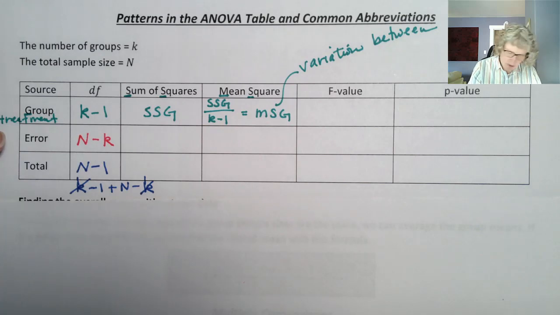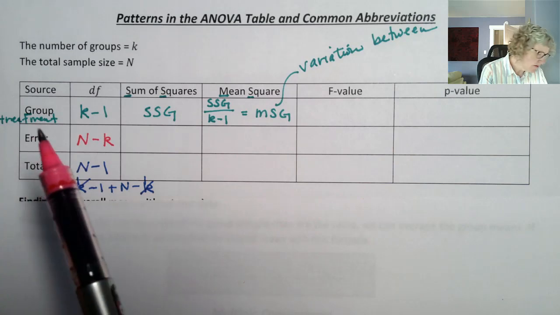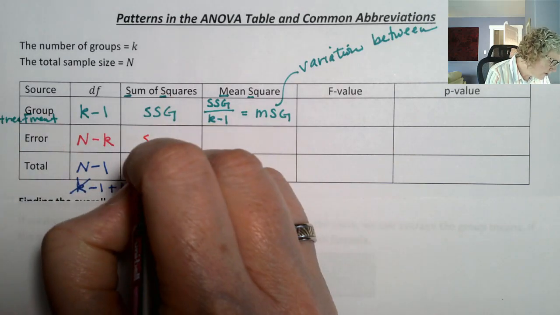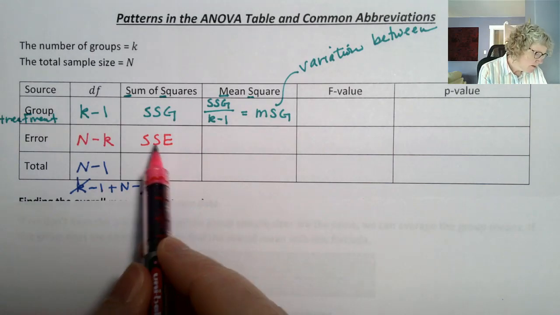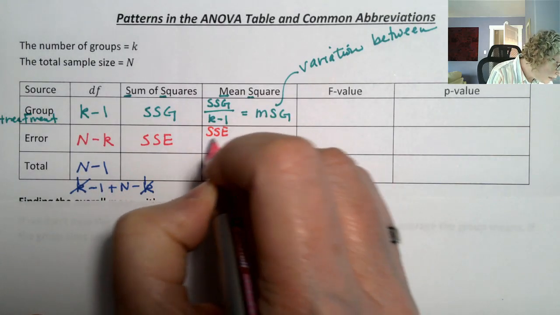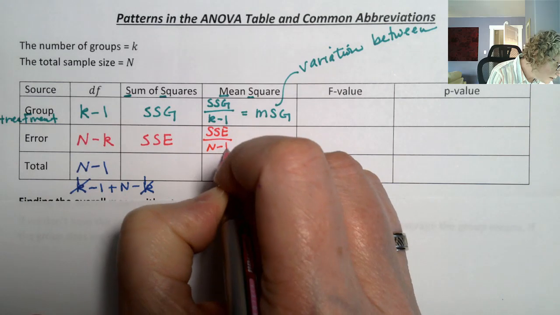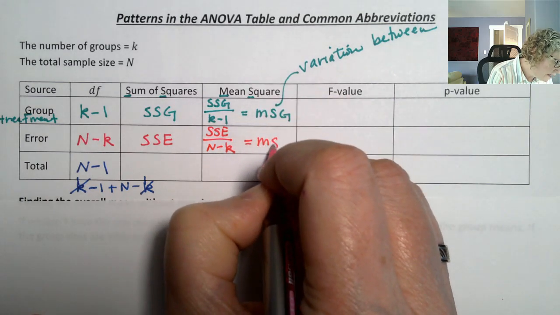Okay, so back to the error row. Then the sum of squares for the error is called SSE, and that's the numerator of that second fraction we calculated, right? And then we take the SSE divided by those degrees of freedom, SSE divided by N minus K, and then we get the MSE.